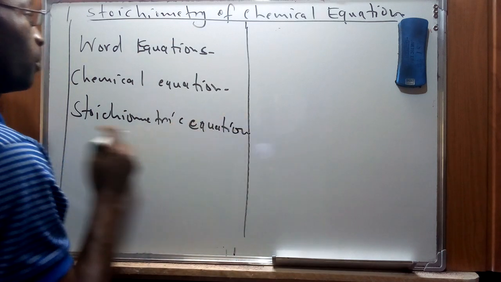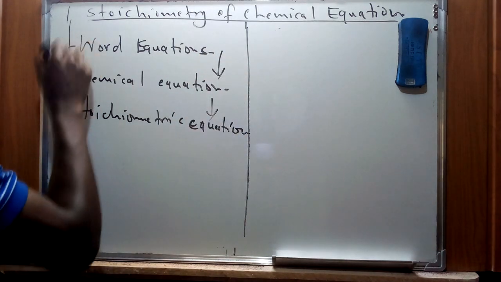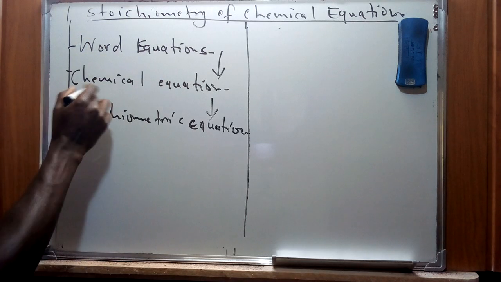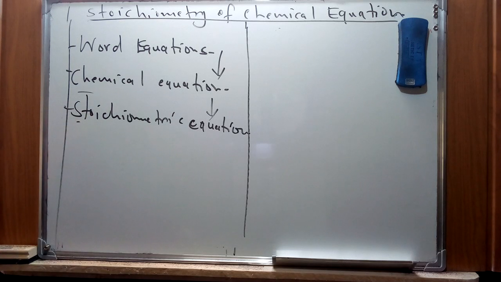So basically we're going to navigate around these 3 aspects of chemical equations. We're going to have a word equation of the chemicals which are reacting, and then we represent it in the form of a chemical equation and try to see whether we can manipulate it to comply with the stoichiometric equation.